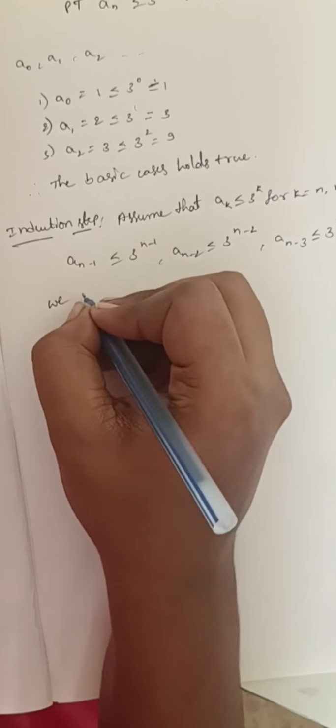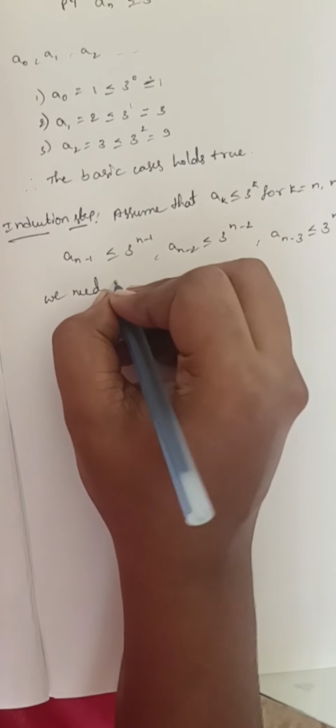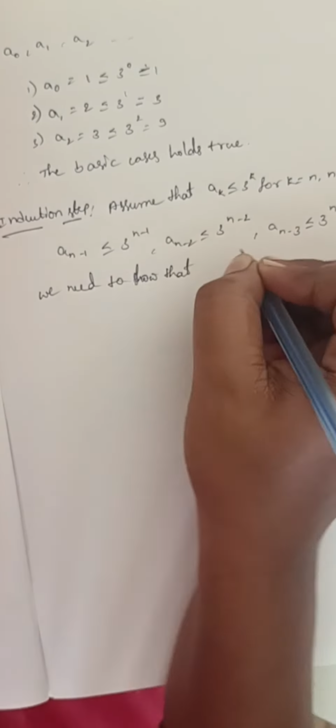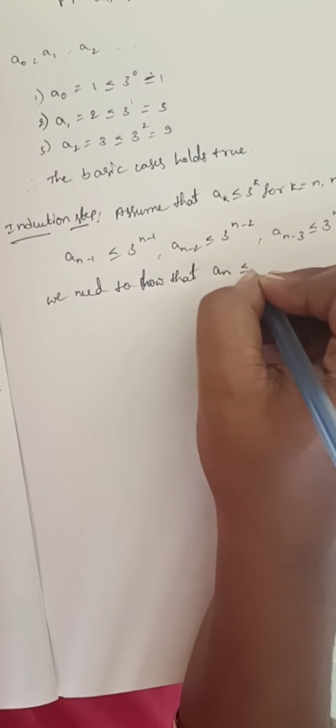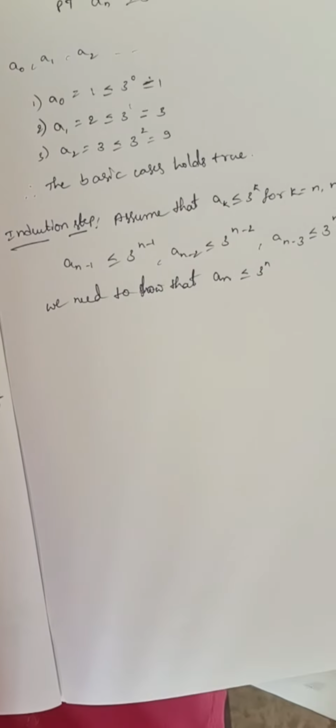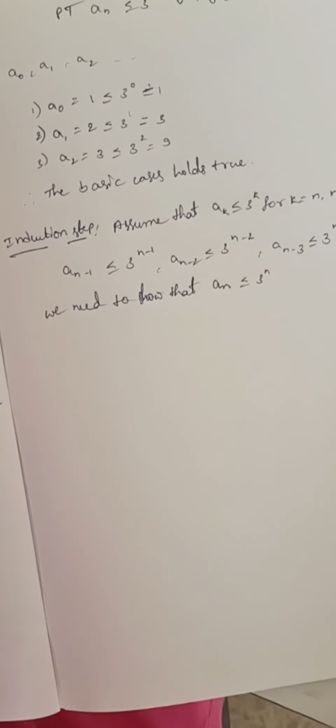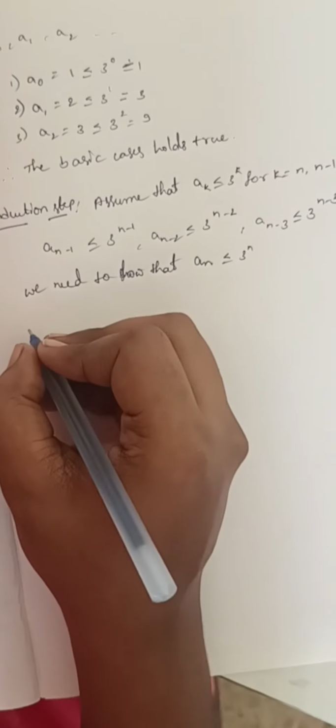We need to show that an is less than or equal to 3 power n given the recurrence relation.